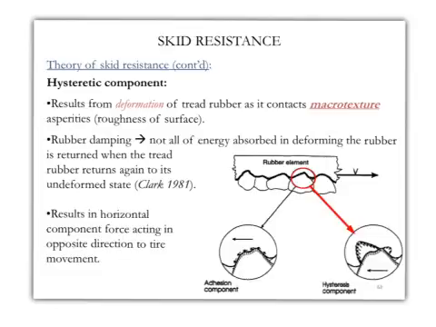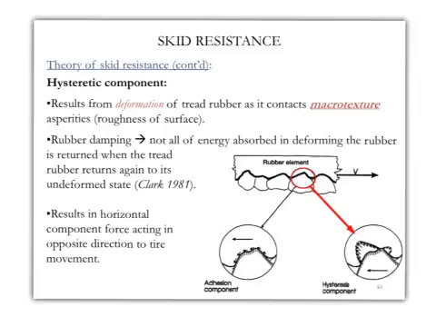Now going to the hysteretic component, which is the other part of the picture here. Basically, this type of component results from the deformation of the tire tread as it contacts the macro texture asperities, which is the roughness of the surface. So for example, we typically talk about rubber damping. What do I mean by rubber damping? Not all of the energy absorbed in deforming the rubber is returned when the tread rubber returns again to its undeformed state.